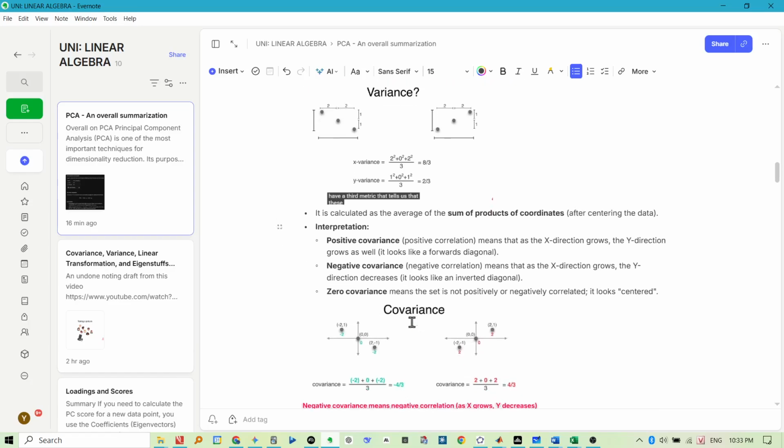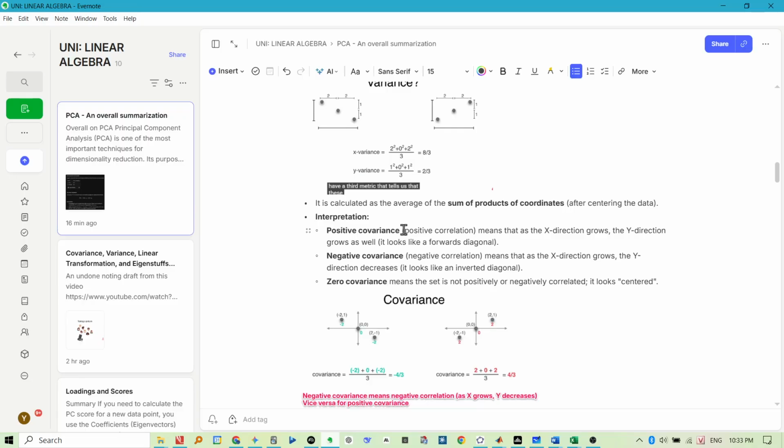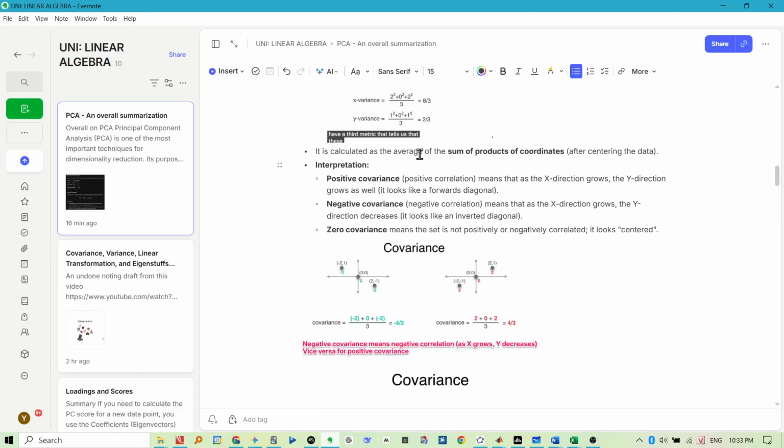So our ancestors came up with the idea that they will calculate the average of the sum of products of coordinates after centering the data. Here's how we interpret a covariance value.